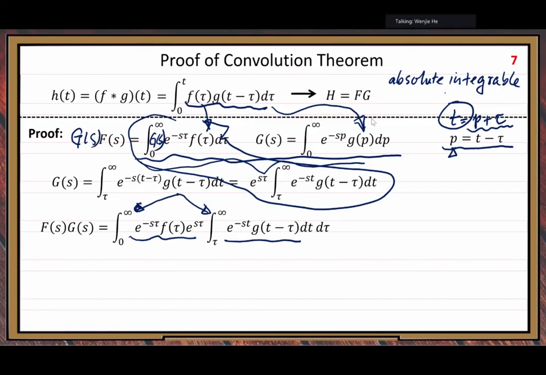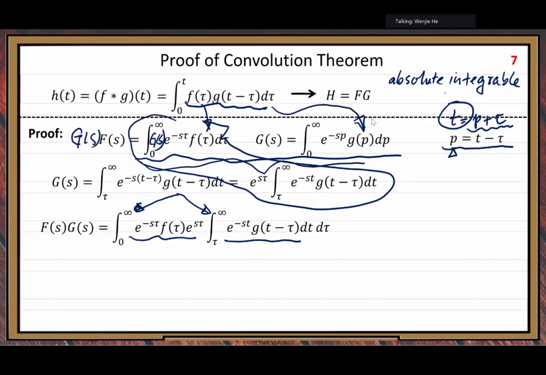All right. Next step, we need to do the interchange of two integrals. But when we do it, we should be very careful, because we need to change the integral limits when we do that.